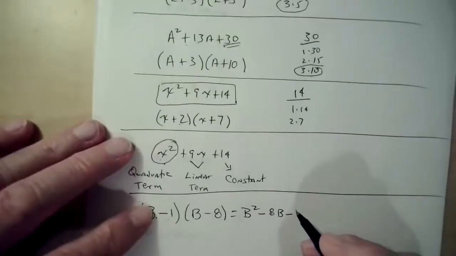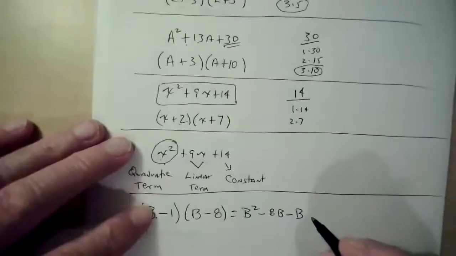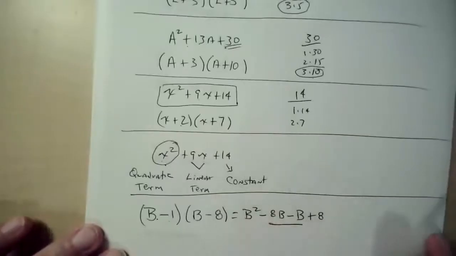Good. Now we do the same thing with the negative 1. Negative 1 times B is? Negative B. Excellent. And negative 1 times negative 8 is? Positive 8. Excellent.